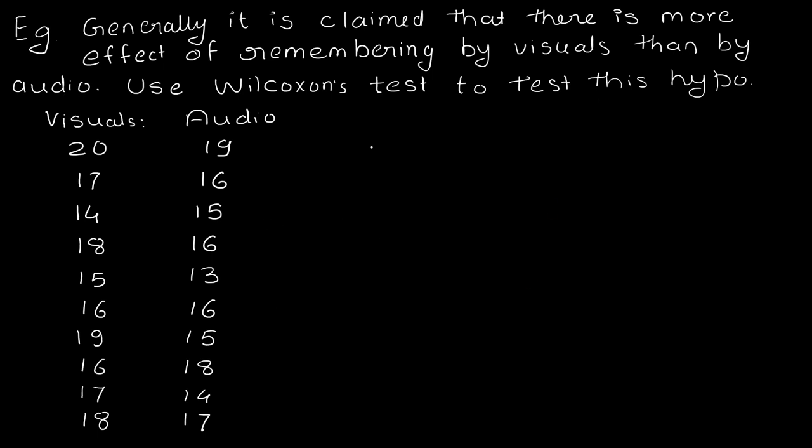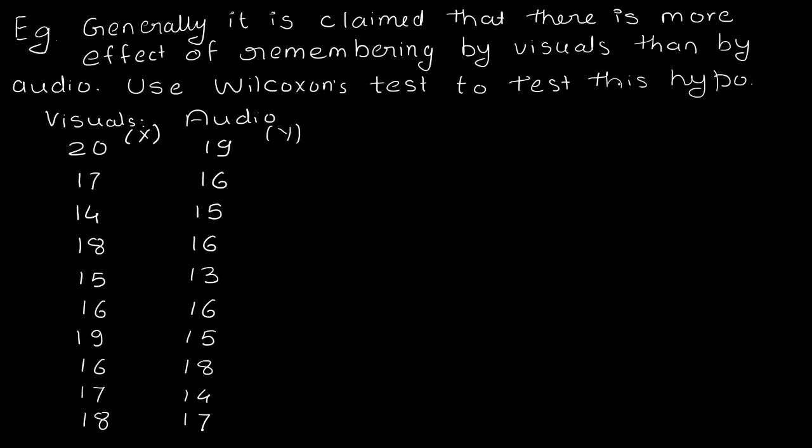The number of observations is 1, 2, 3, 4, 5, 6, 7, 8, 9, 10. Ten observations are there in both. It is a kind of paired data, so I can treat the visuals as my X and the audios as my Y.